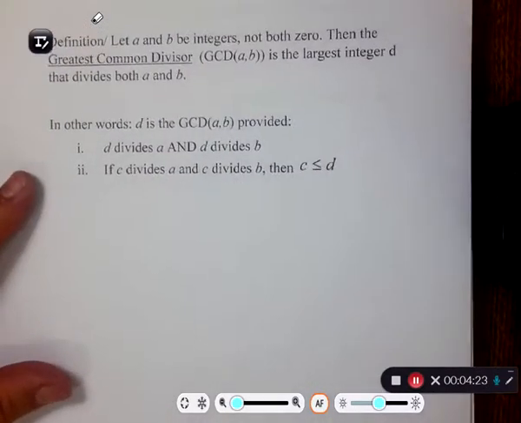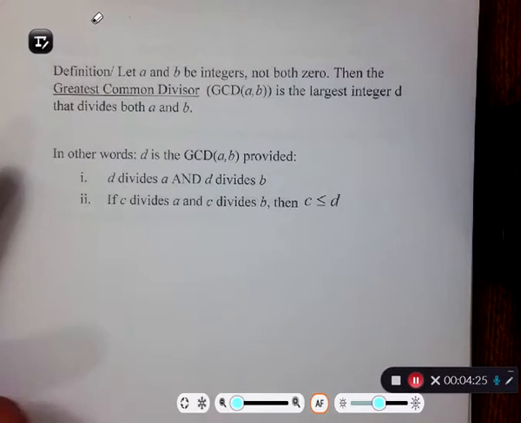Now, the next definition is the definition of GCD, the greatest common divisor. Again, classic abstract modern algebra, you have to let letters represent numbers. So, definition: let A and B be integers, not both 0.